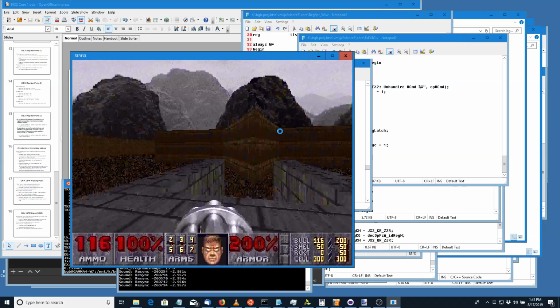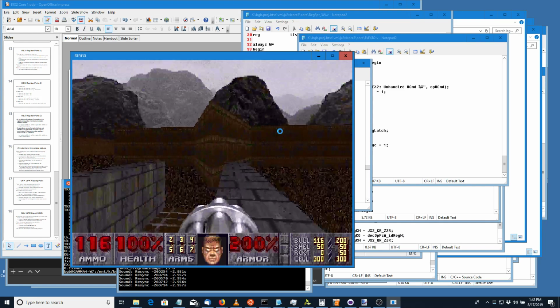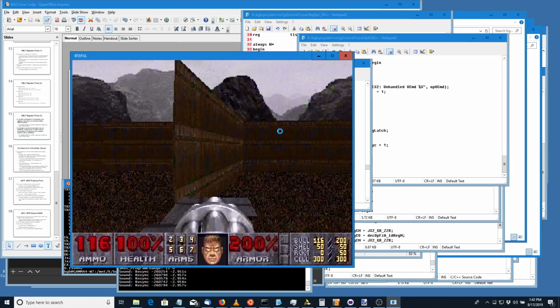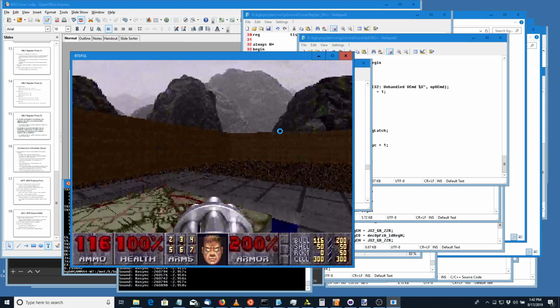But as can be noted, one can wonder, if it's outputting color cell and Doom doesn't directly render as color cell, what happens?